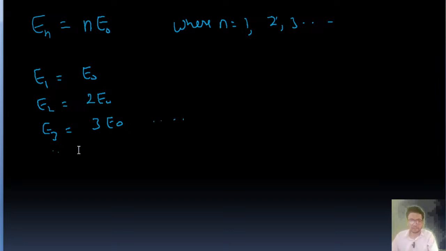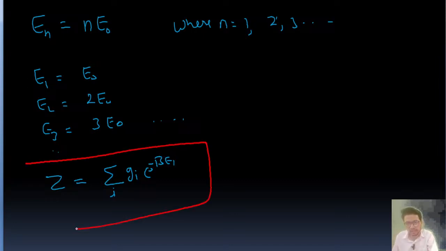Now we'll find the partition function. The partition function Z equal to sigma i gi e to the power minus beta Ei.